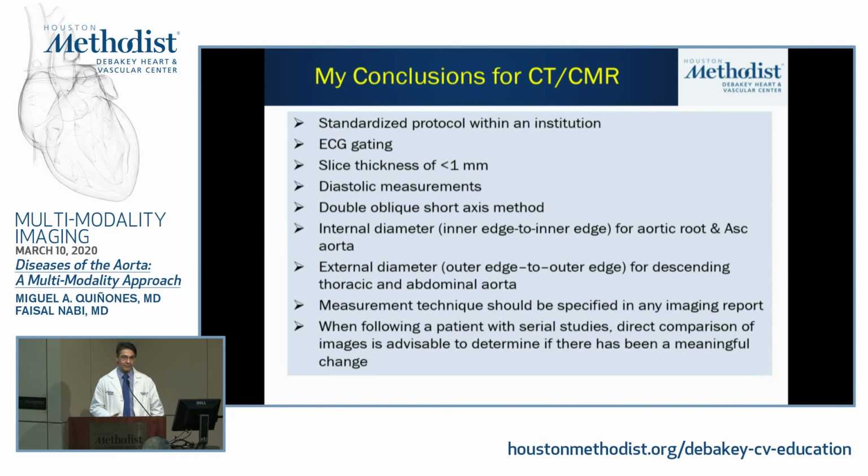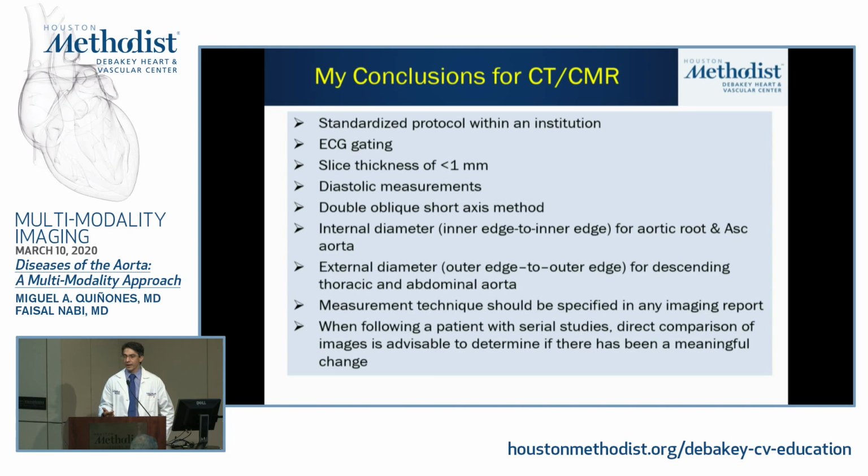And then, the conclusions are, what should you do, right? So here are my conclusions for Dr. Shah to ponder. One thing is for sure, we should have some standardized protocol for an institution, so at least we decrease some of the variability that we are seeing. You should be gating your images. You try to achieve slice thicknesses less than 1 millimeter.